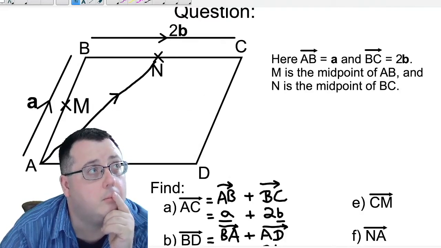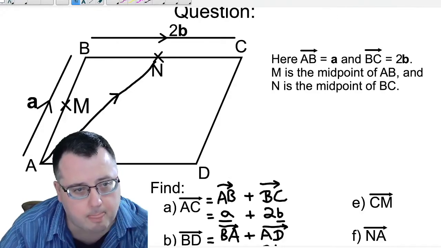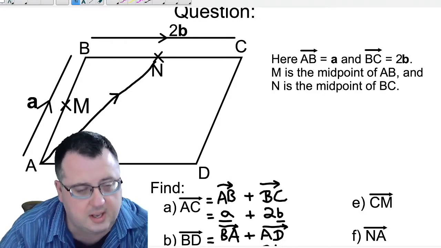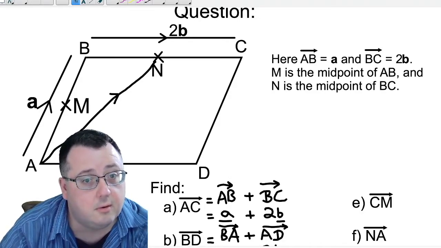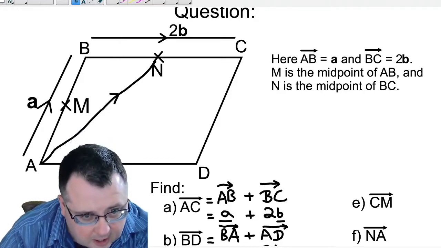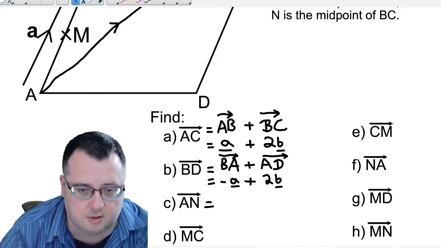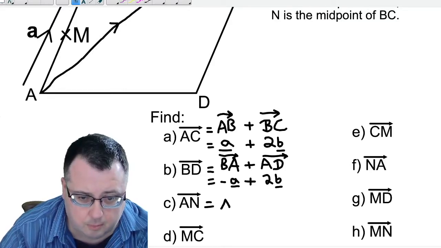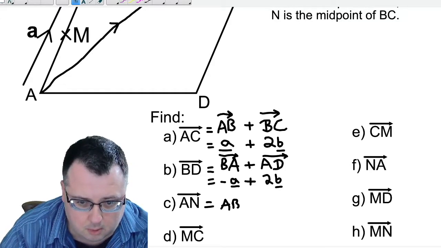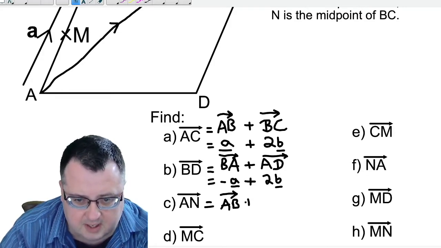We have to go from A to B, yes. And then B to N. Good. A to B plus B to N.